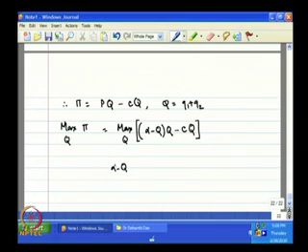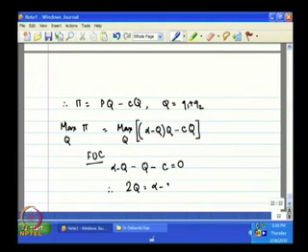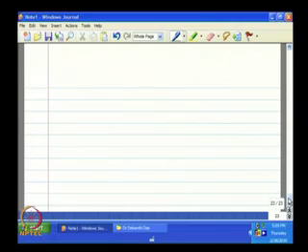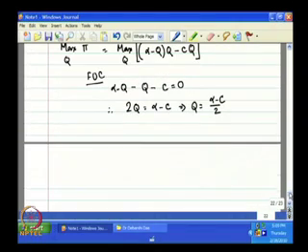Alpha minus Q, this is the first order condition, minus Q minus C is equal to 0, which means that 2Q is equal to alpha minus C, so capital Q is equal to alpha minus C divided by 2. This is the first order condition. We can check that the second order condition will be satisfied, because if I differentiate this with respect to Q once more, I get minus 2, which is negative. So, the second order condition is satisfied.